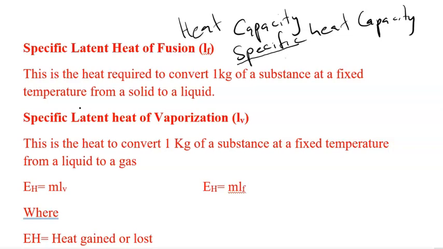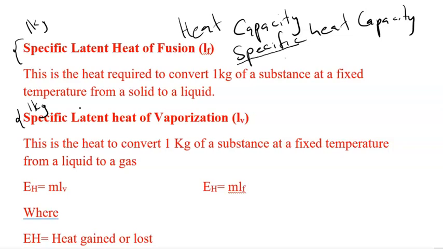So when you see specific latent heat of fusion, we're going to talk about latent heat, the fusion part. When we see specific, we're going to talk about 1 kilogram. So once you see the word specific, in the definition there'll be 1 kilogram there.